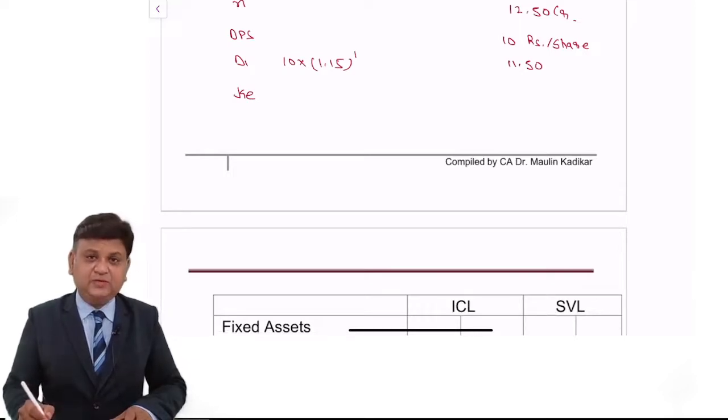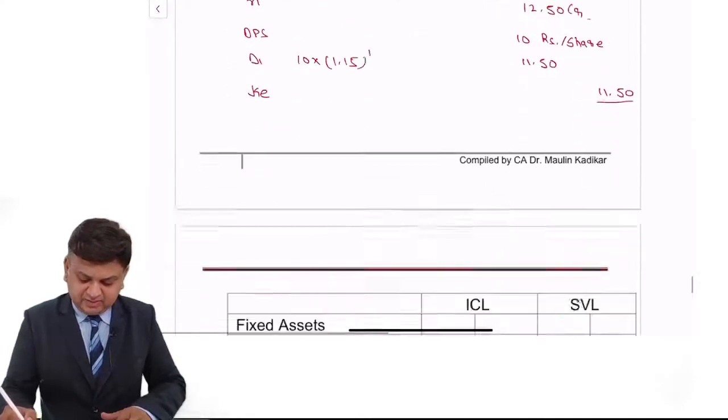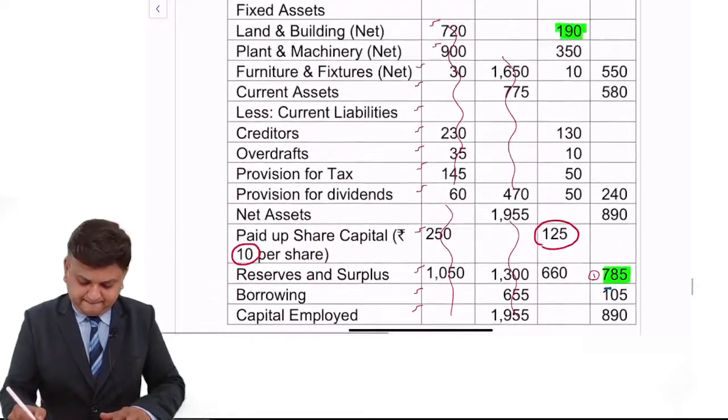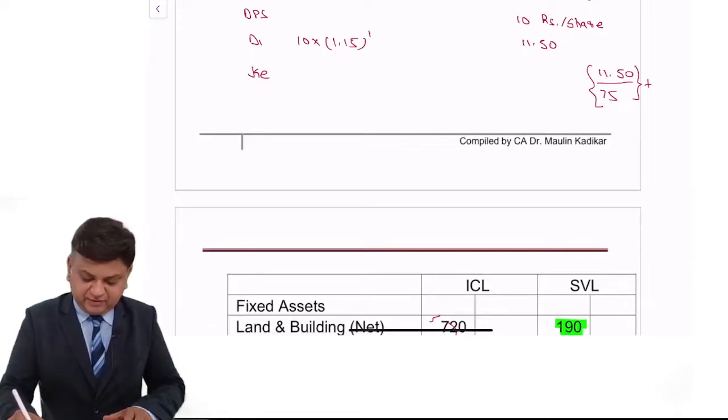Based on that, the cost of equity can be calculated. It is 11 rupees 50 paise divided by P0. Current market price is 75, plus the dividend growth rate, which is right now 15%.